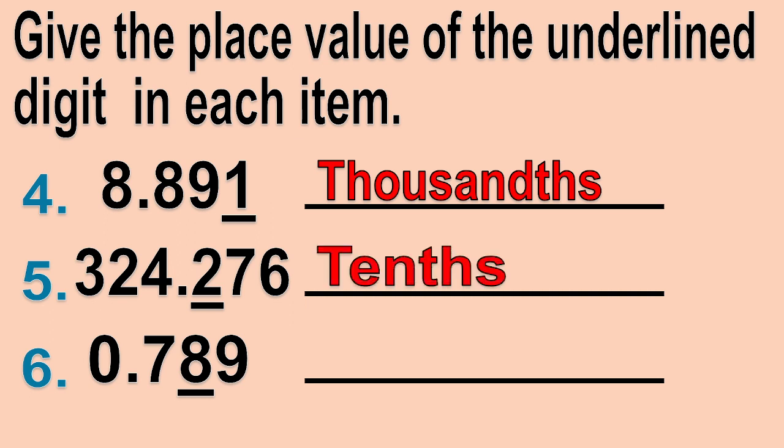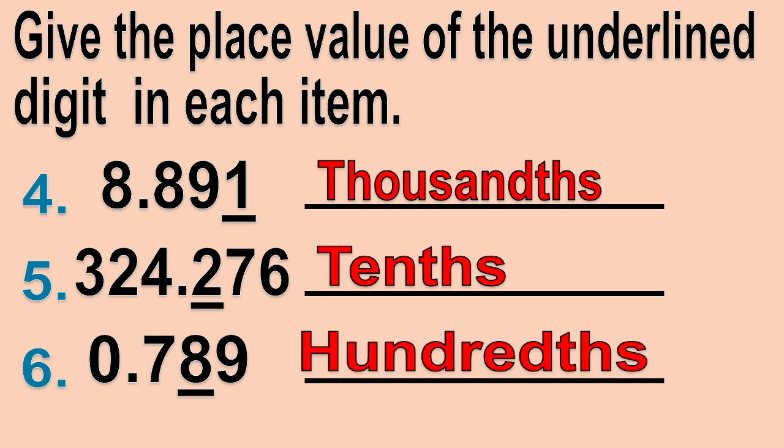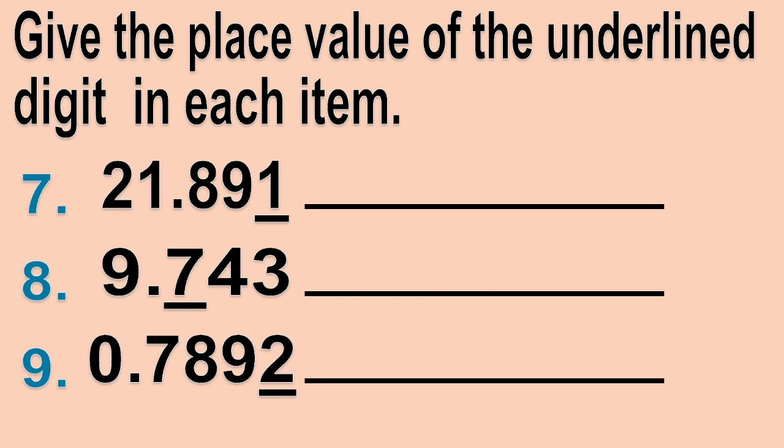Number 6, 789 thousandths. The underlined digit here is 8. So the place value is hundredths. Number 7, 21 and 891 thousandths.